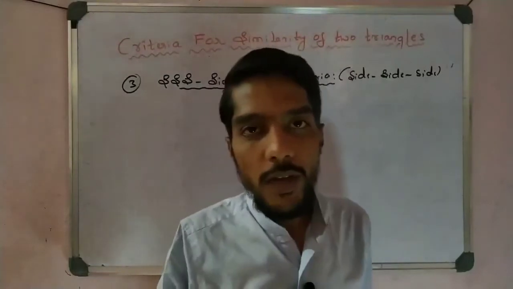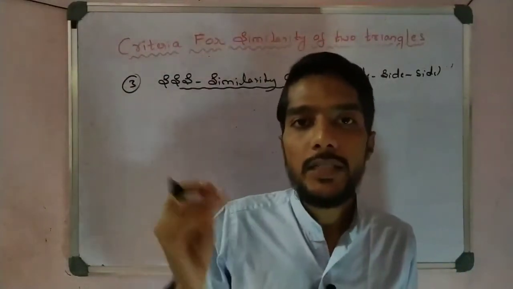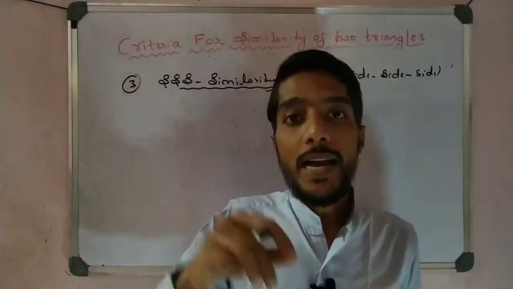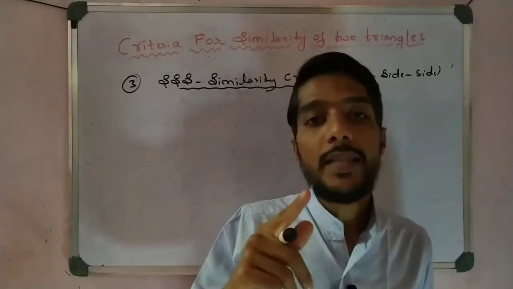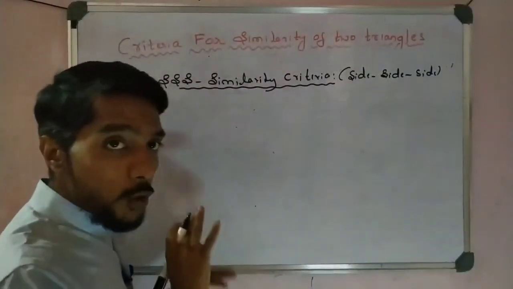If we have a figure where no angle is given, and there is no discussion on angles being equal, but they give the sides, then in that case we take the sides concept. So here there is only the side concept, no angle concept.